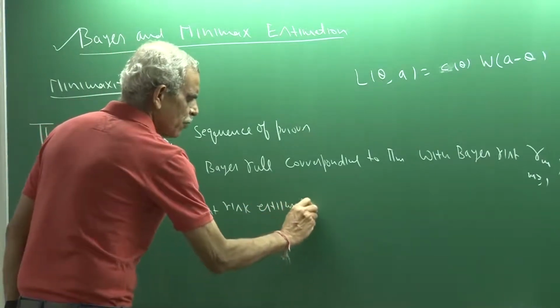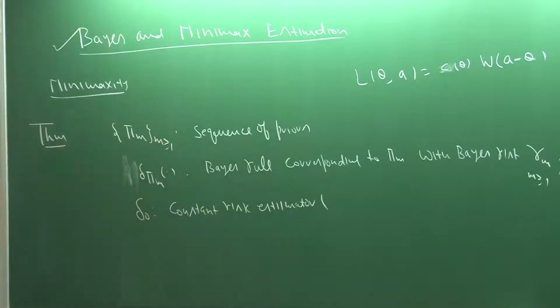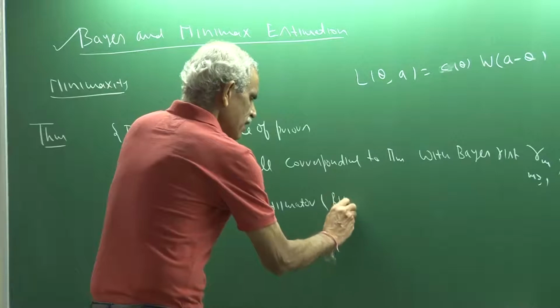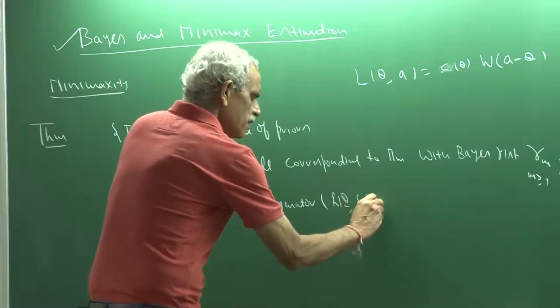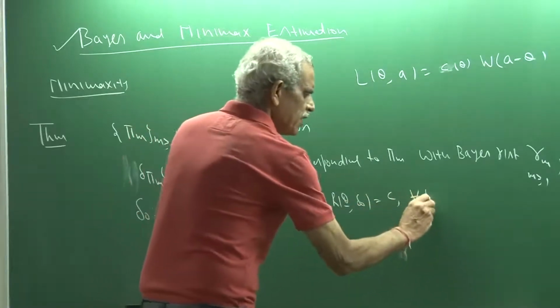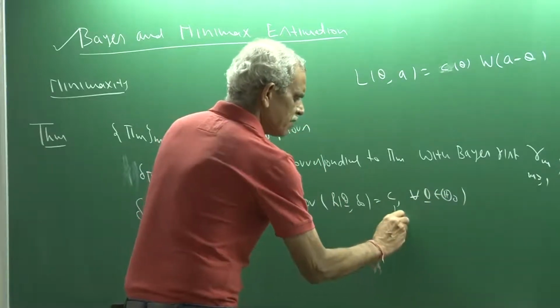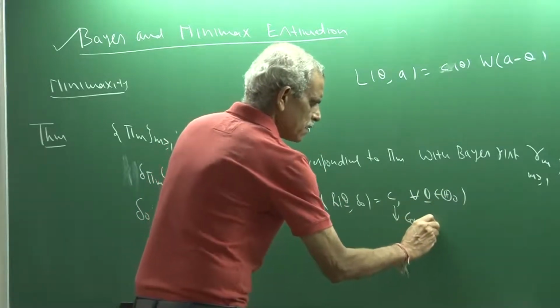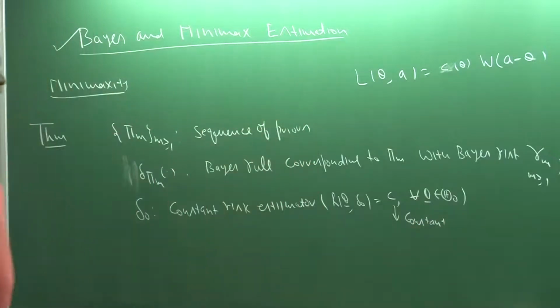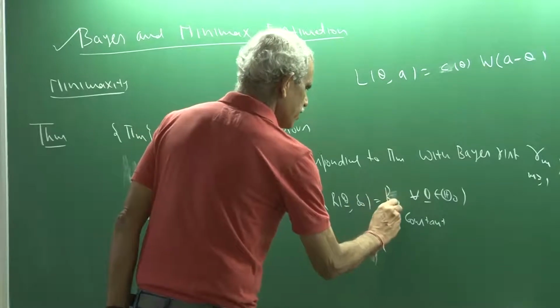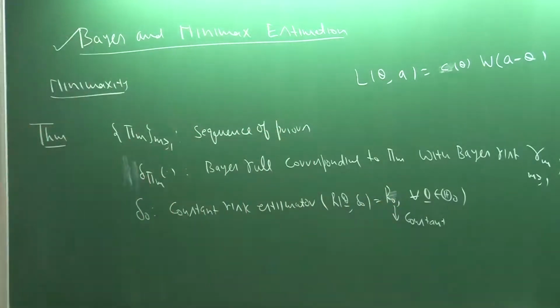Here, when I am talking about constant risk, it is a risk in the usual sense, that is the frequentist sense. That means R theta delta naught is C for every theta belonging to theta naught, and this C is constant. So let us say R theta delta naught is R naught, a constant.